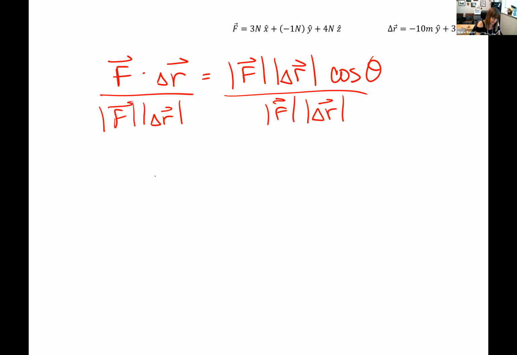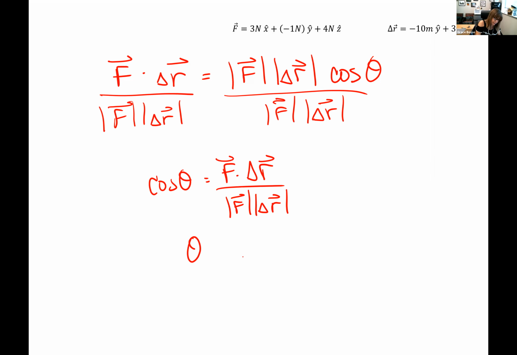And that will give me the cosine of the angle as F dotted with delta r, divided by the norms of each of those vectors, so that the angle is actually going to be the inverse cosine of all of that.